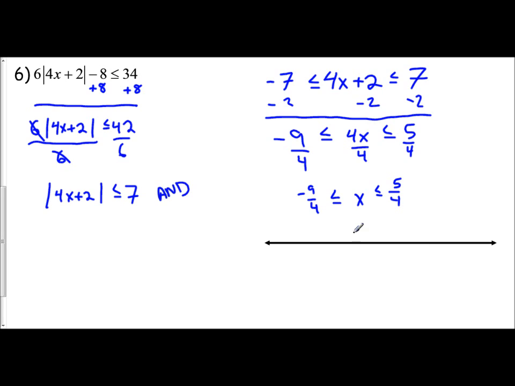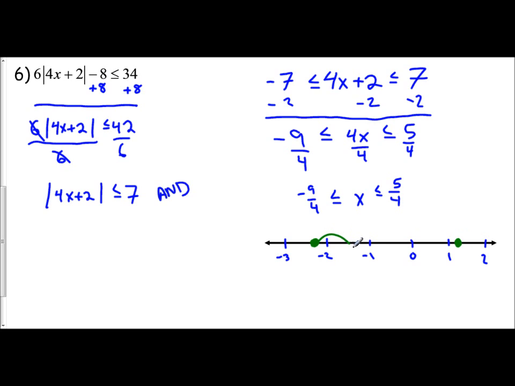To graph this one, negative 9/4 is between negative 3 and negative 2. And so now I'll go negative 1, 0, 1, and 2. So negative 9/4 is negative 2.25, so I'll put in a closed circle at negative 2.25. 5/4 is 1.25.